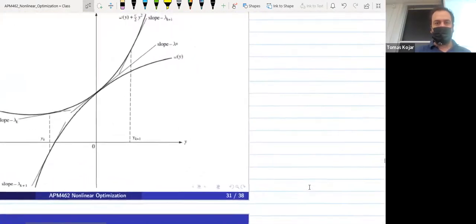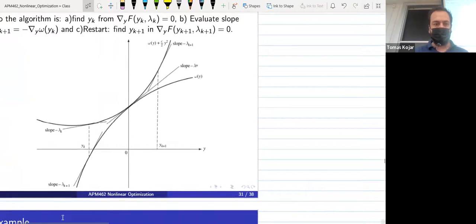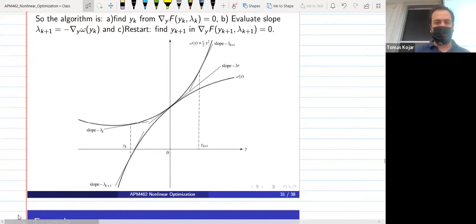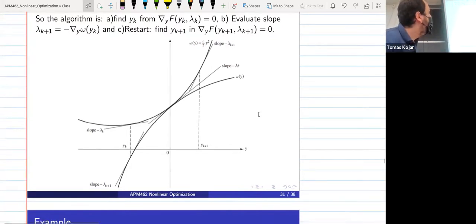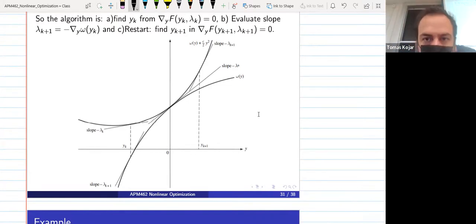So why is this cool? Again, this is from your book. Let me zoom in. It describes ALM. I should start from lambda k, so let's pretend that lambda k is lambda 0. As you can see in this graph, it's the primal function.